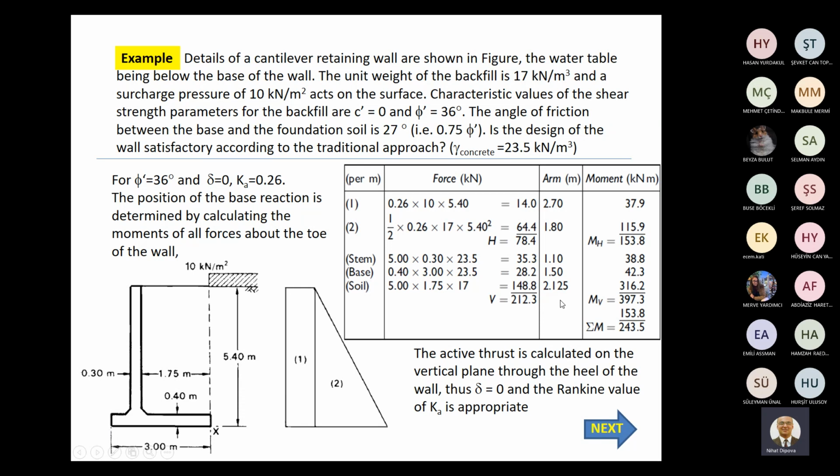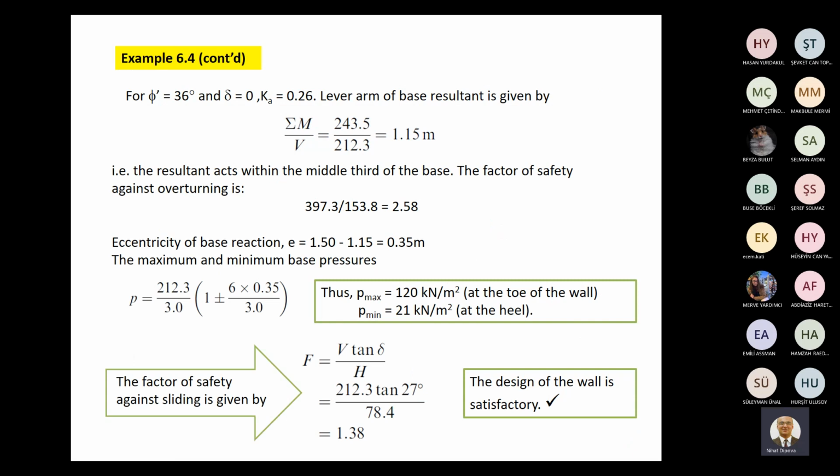After determining moment arms, you can calculate moments, horizontal and vertical, and finally net moment will be calculated. So total net moment divided by total force will give you resultant location for lever arm of base resultant.